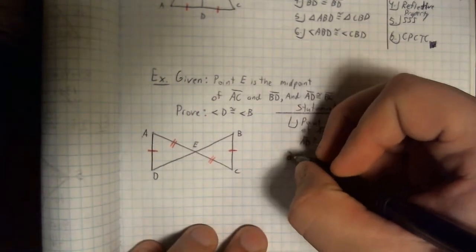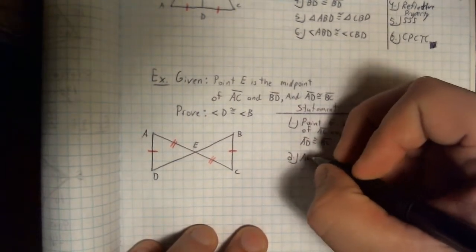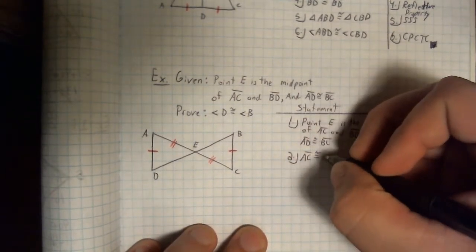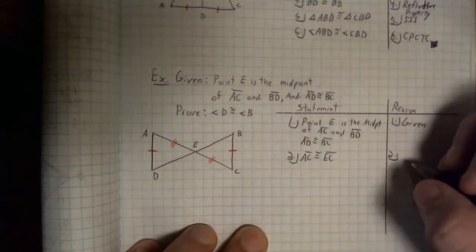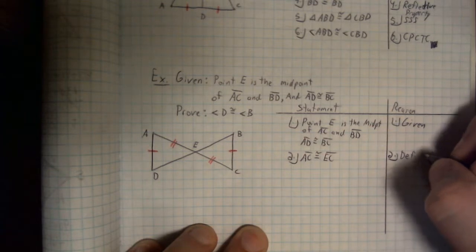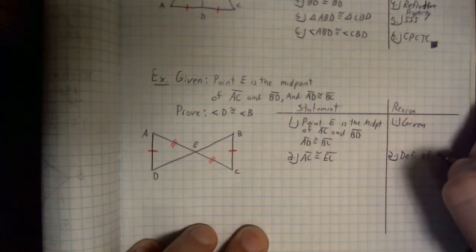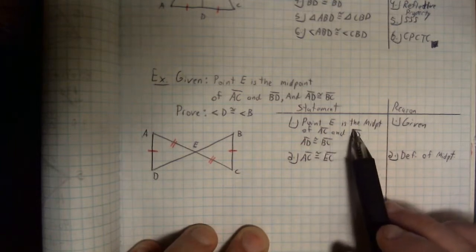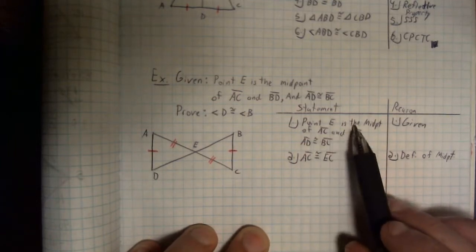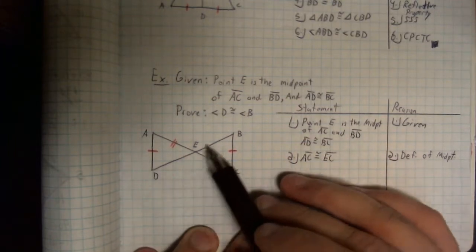Let's make sure that we list that. AE congruent to EC, and that's through the definition of midpoint. Now, we also have from the same piece of information that E is the midpoint of BD.